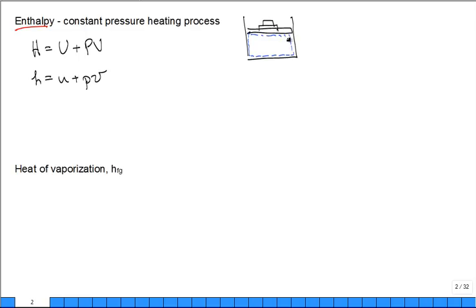And it starts out as, let's say, a two-phase mixture. That's even easier to think about, okay? Maybe it starts out with a lot of it in the liquid form and just a little bit in the vapor form, okay?